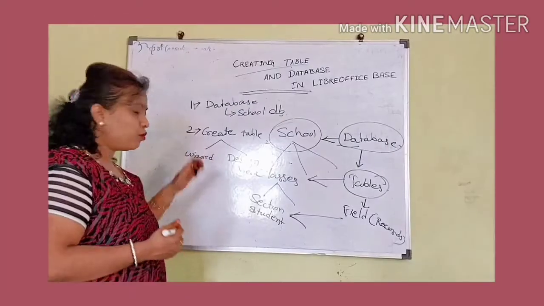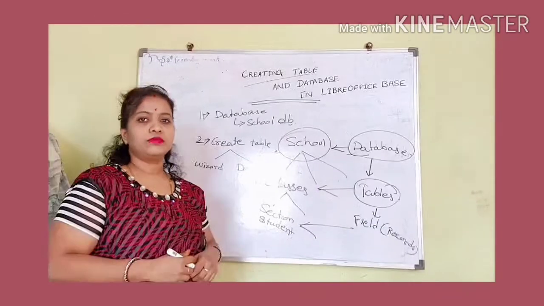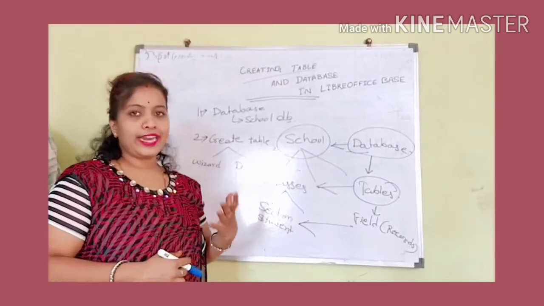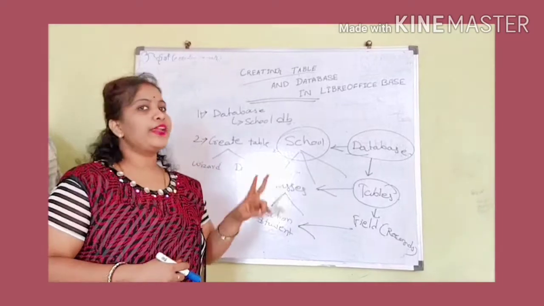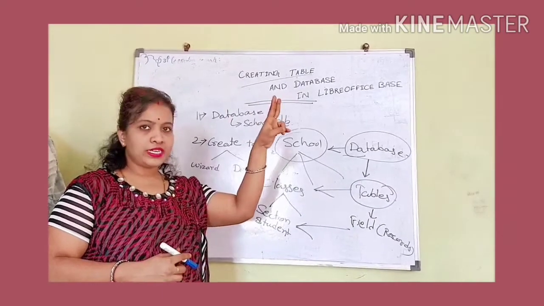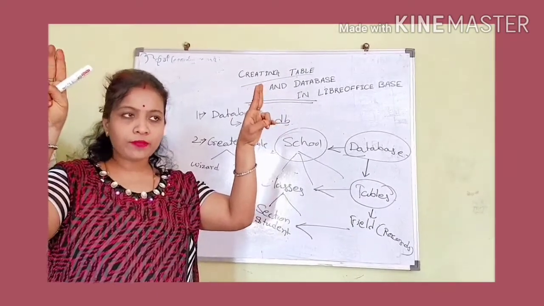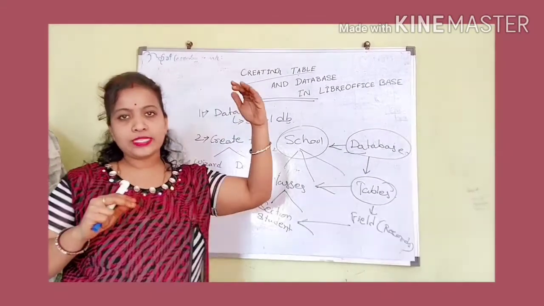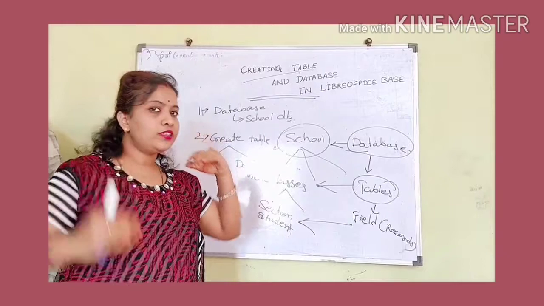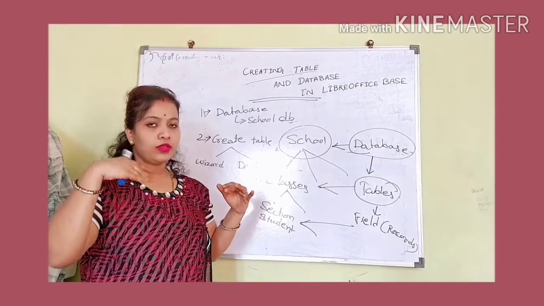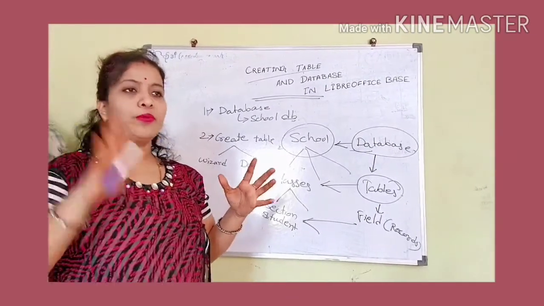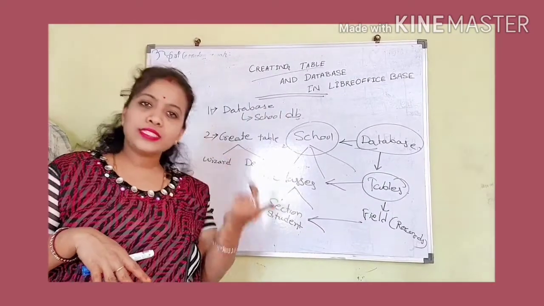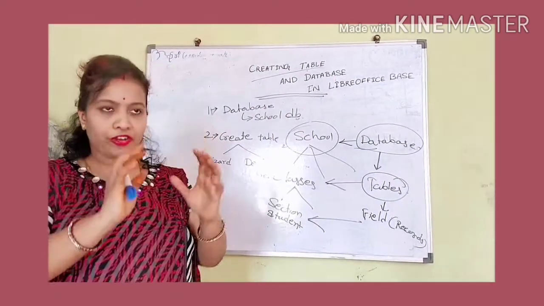Whenever you click on the wizard, you get an option to select the table, and there you get two options: business and personal. In business there are so many tables related to business, and in personal there are so many personal tables.